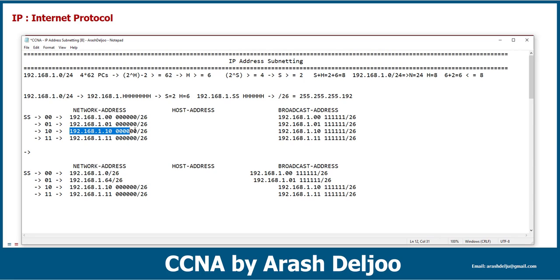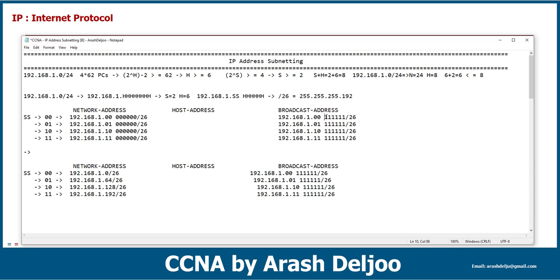And this is equal to 192.168.1.128/26, and here this is equal to 192.168.1.192/26. That's it.